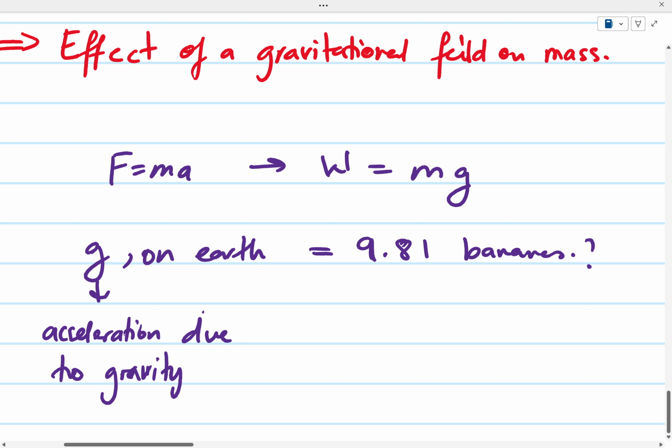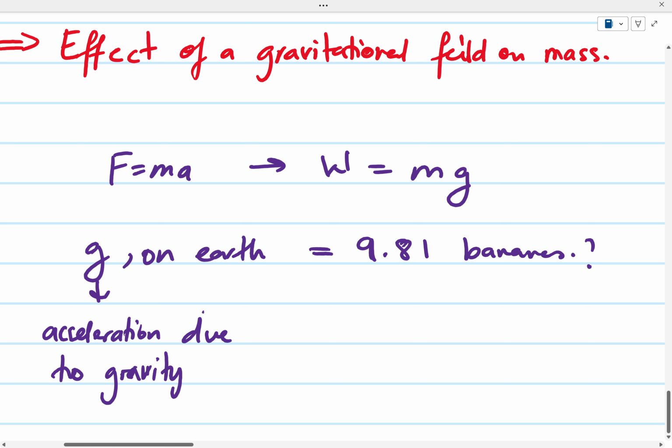Alright, so that's really it, right? I'm not sure if you guys look at the vector nature of this law of motion. I don't think I'll go into the vector nature completely, but what we're saying is that F is equal to ma, right?